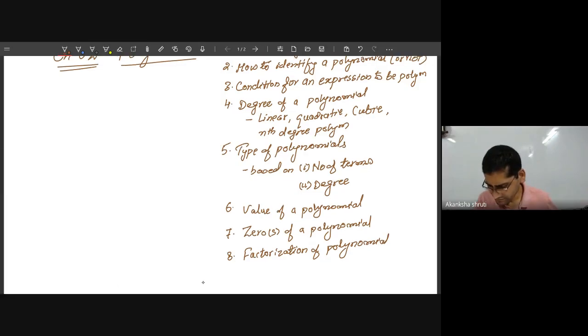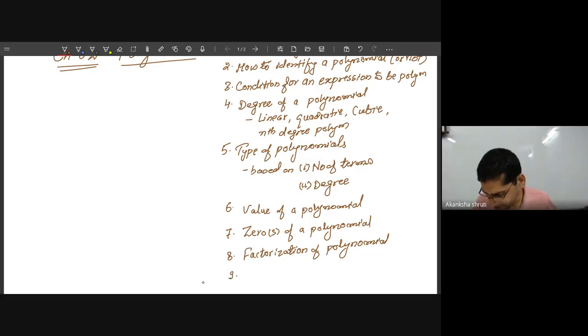Then based on this factorization we can factorize any polynomial, and even without factorizing it we can identify whether a particular number or whether a particular polynomial could be a factor of another polynomial or not.